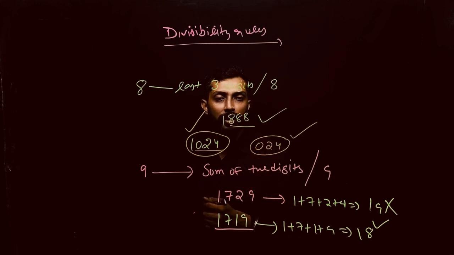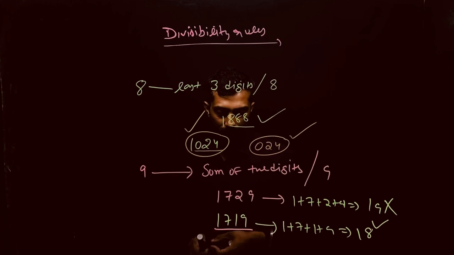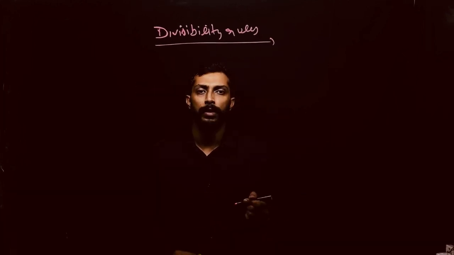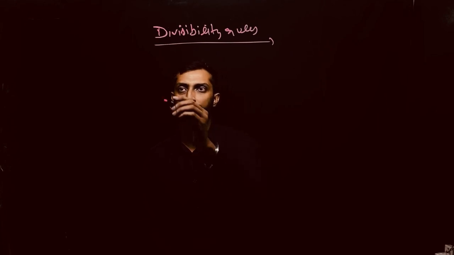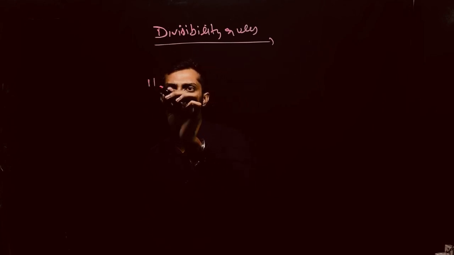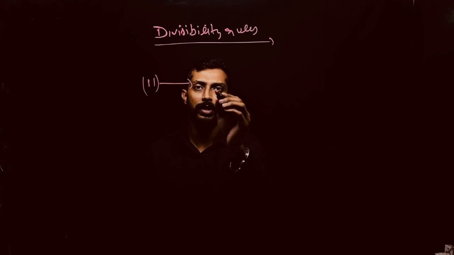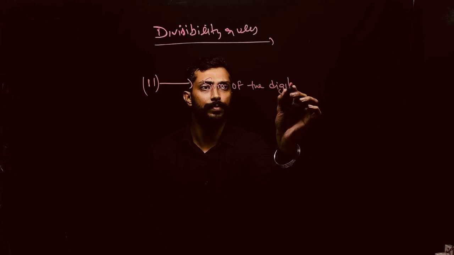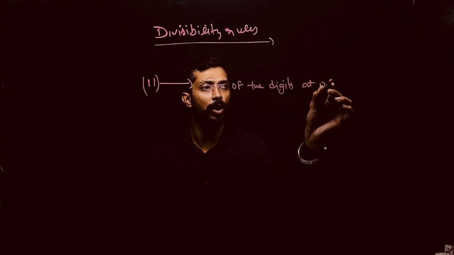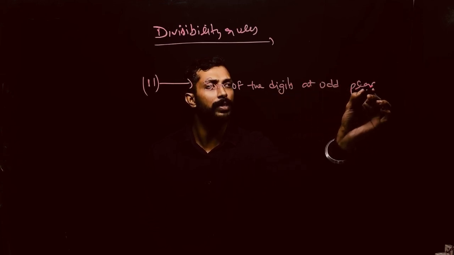Let us discuss further the divisibility rule of 11. Now we will solve the divisibility rule of 11. For 11, what is the divisibility rule? We have to understand that the sum of the digits at odd places.